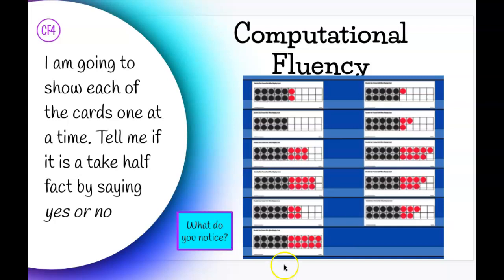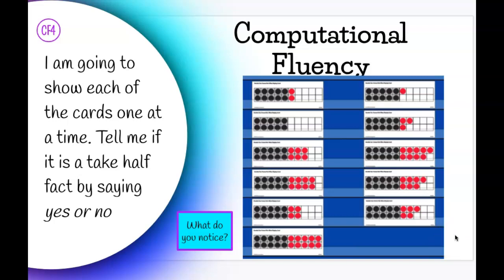Now, you may have noticed that the top and bottom on every row in the left column are yes, take half facts. They have the same number of dots on the top row as the bottom row. Same here and here, same here and here, for all of them. For our not take half facts, what do you notice?